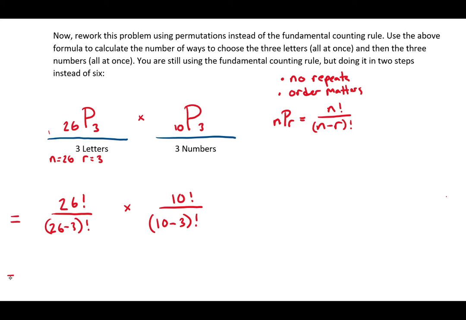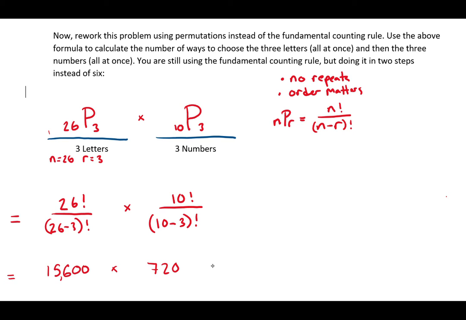Okay, so we could say equals 15,600. That's basically saying there's 15,600 ways to pick 3 letters out of 26. And then for the numbers, we got 720. So there's 720 different ways just to pick 3 numbers out of 10.